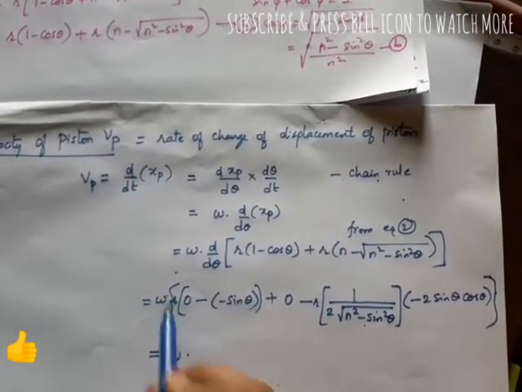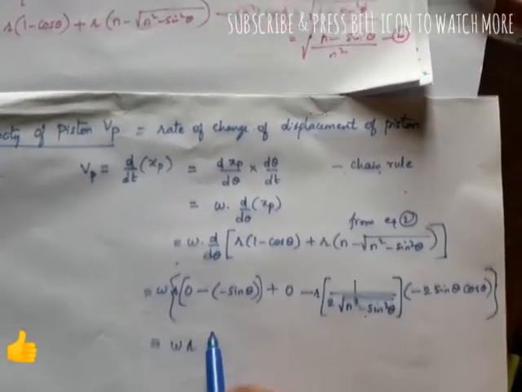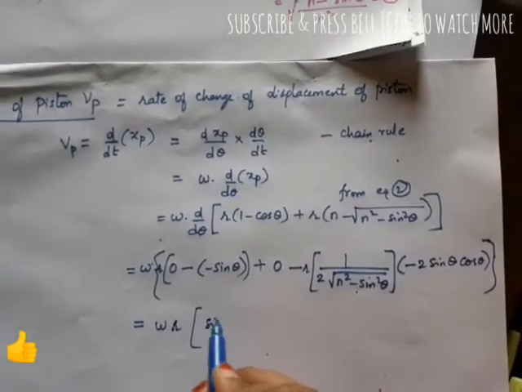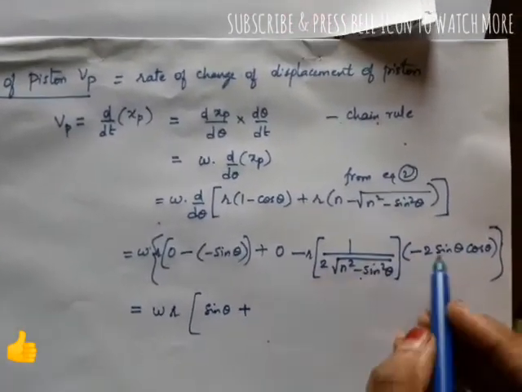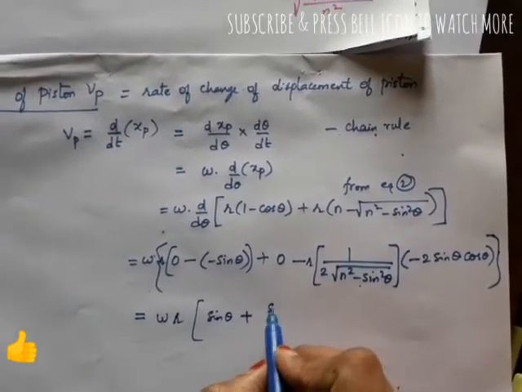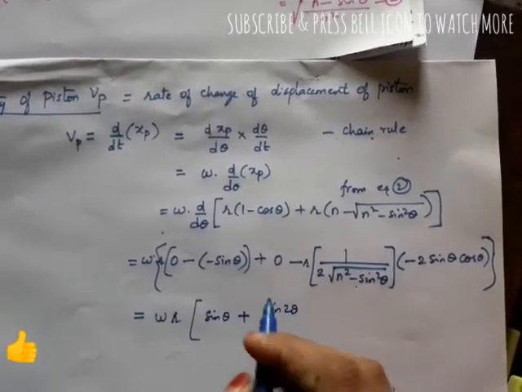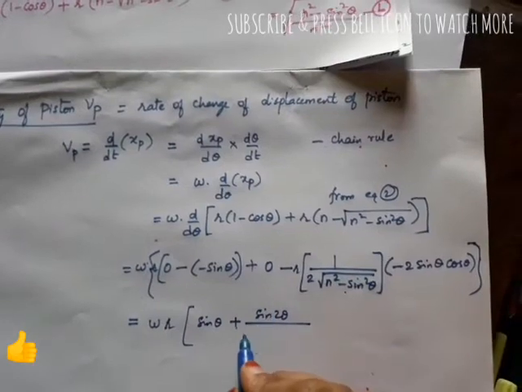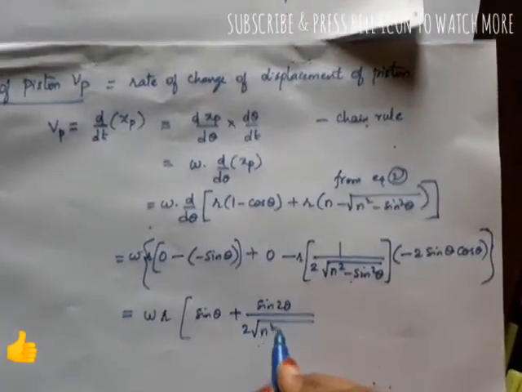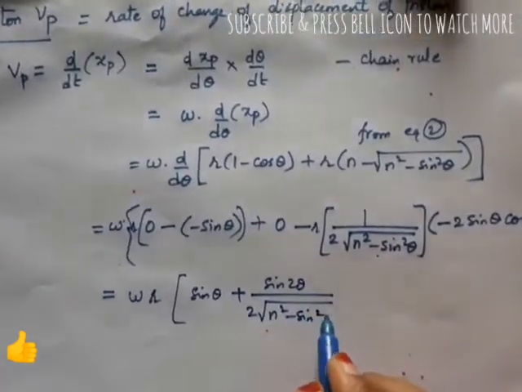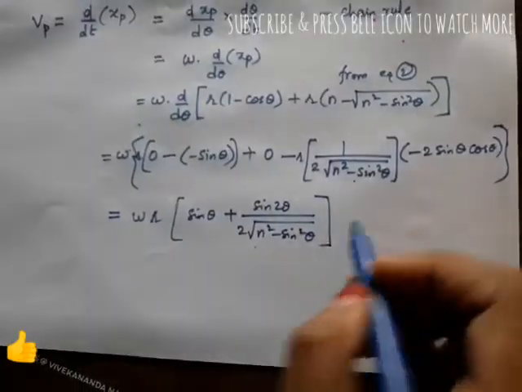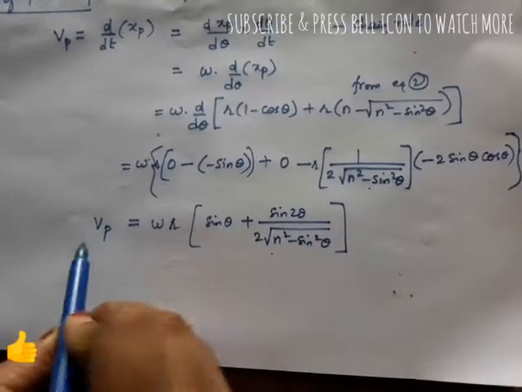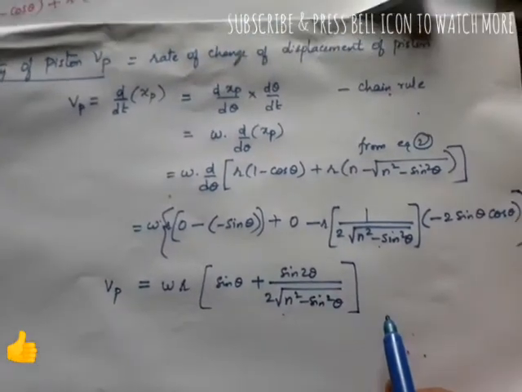So I am taking this r outside, so we have sin theta, minus of minus is plus, 2 sin theta cos theta is sin 2 theta, by 2 into root over n square minus sin square theta. So this is the expression for Vp.